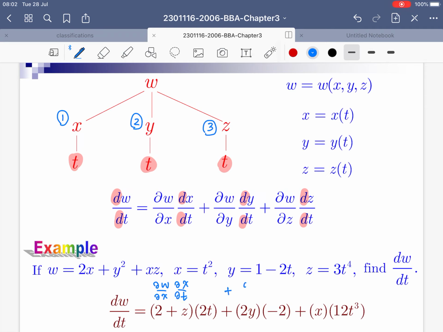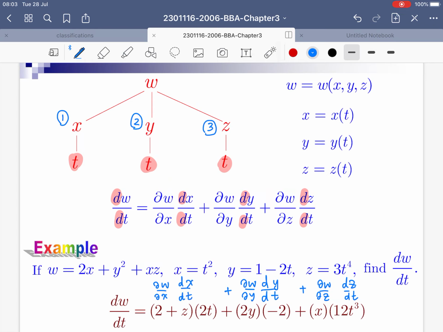And the second one, you find dw by dy, dy by dt, and the last one, dw by dz, and dz by dt. And I made a mistake here because, as I told you, it is a single variable, so we need to use a straight d instead of the curve.